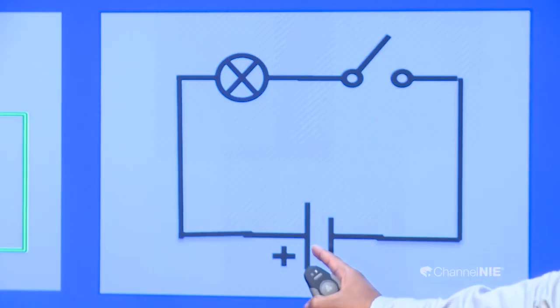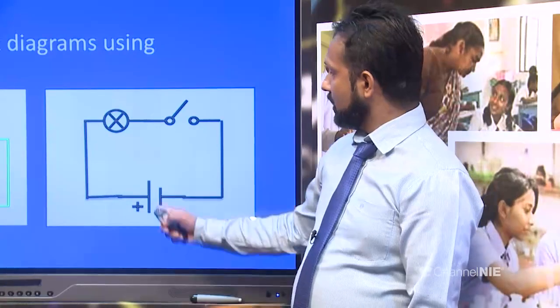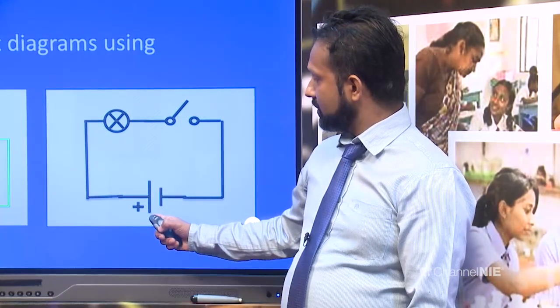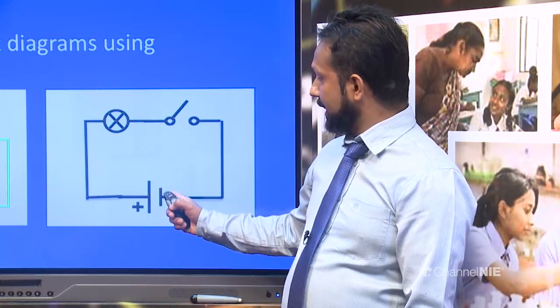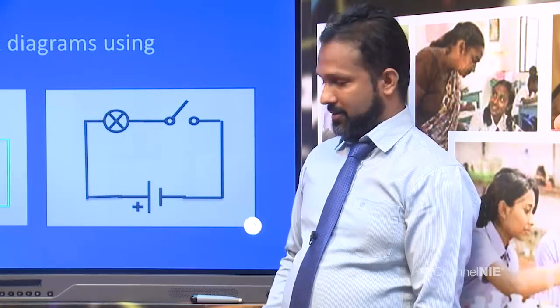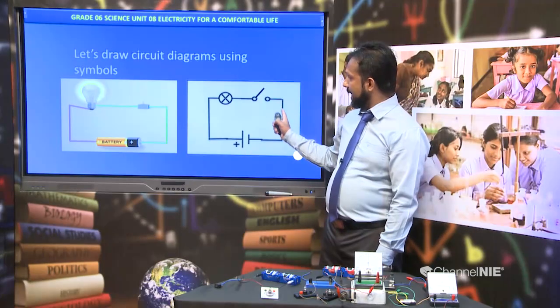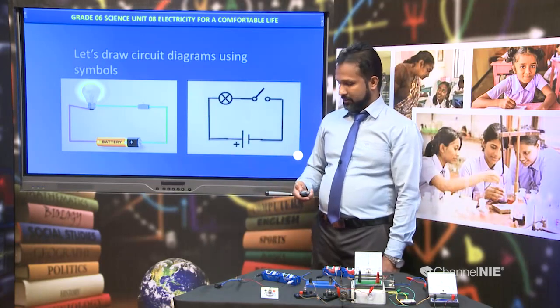This is the symbol of a dry cell, long terminal, short terminal. The long line represents the positive terminal and the short line represents the negative terminal of the dry cell. This is the circuit diagram of the circuit shown on the left side.